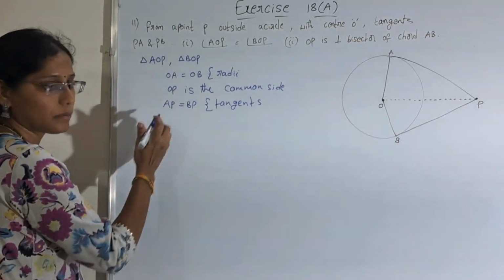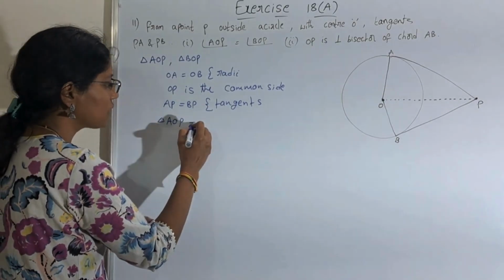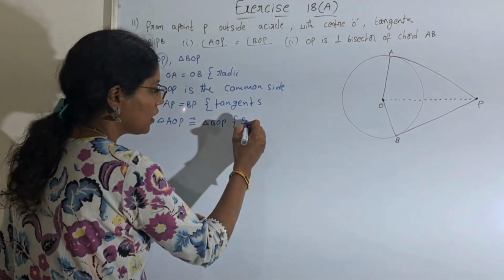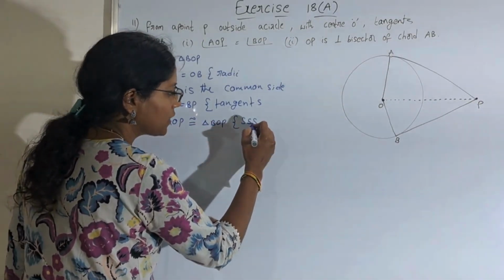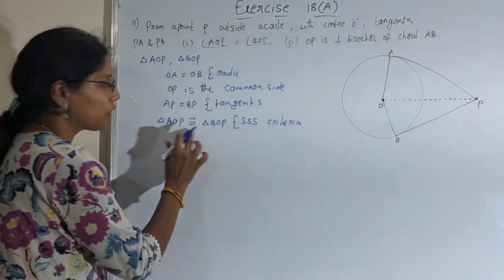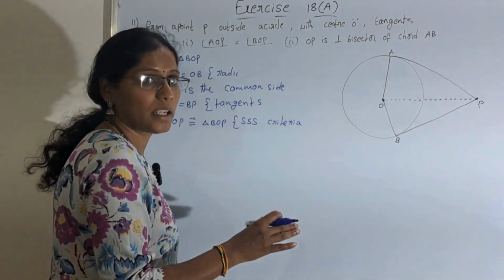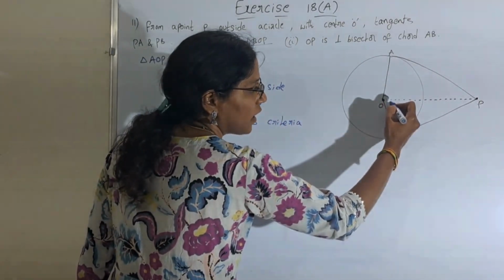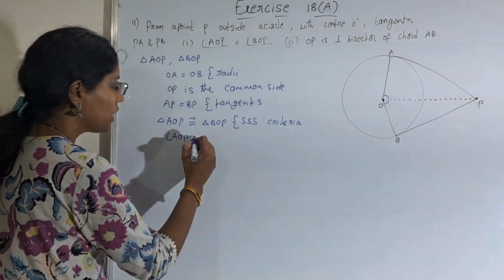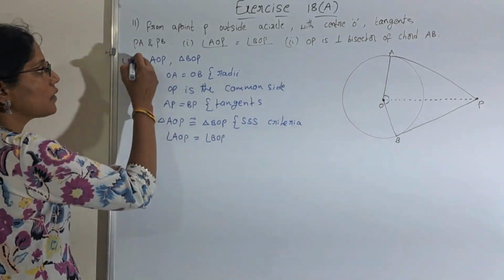Side, side, side. Here, triangle AOP is congruent to triangle BOP, by SSS criteria. Here we proved congruence. The two triangles are congruent. So corresponding angles are equal. Here this angle and this angle will be equal. Angle AOP is equal to angle BOP. This is the first problem.